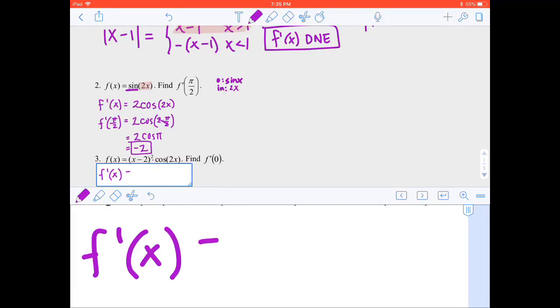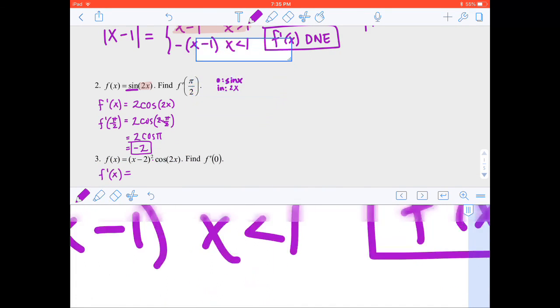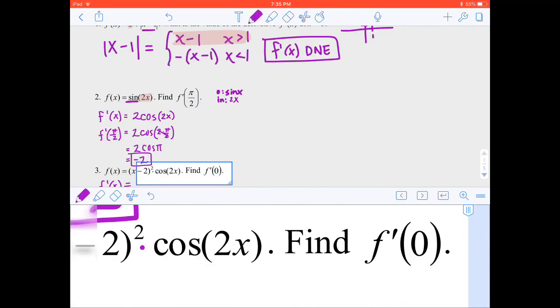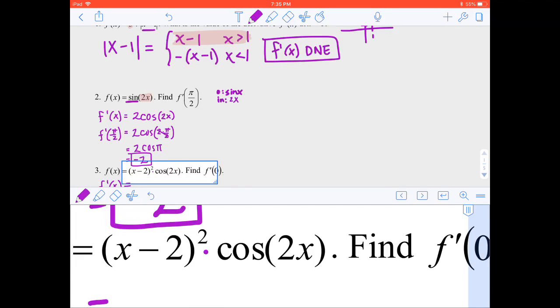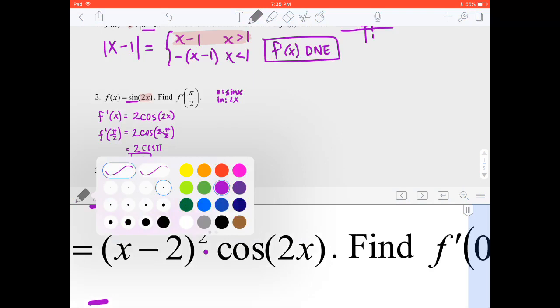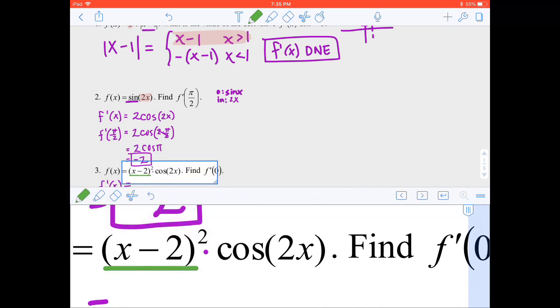So f prime of x is going to equal, and we're going to do our product rule. So the product rule says we're going to take the derivative of the first. When I look at this, (x minus 2) squared, that's my first function. Cosine 2x, that's my second function.